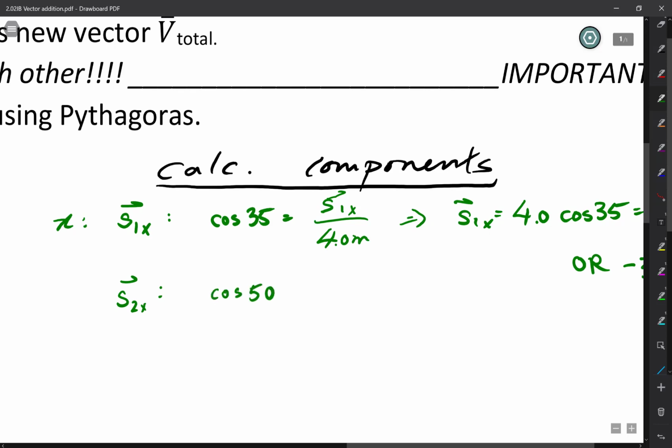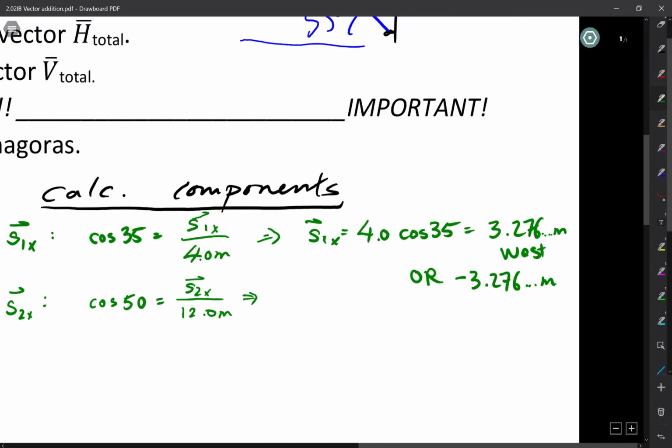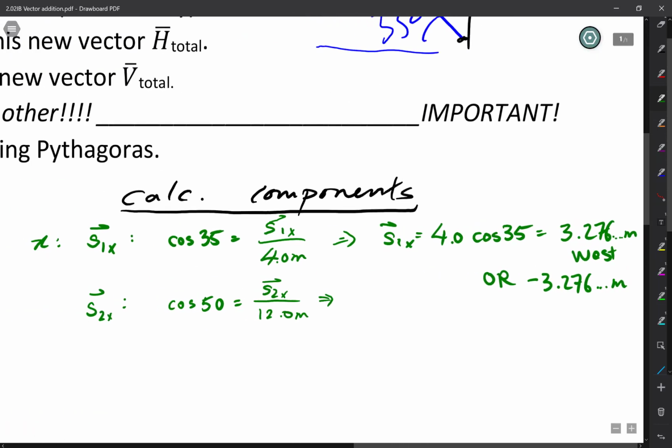Or it could, but be careful if it doesn't. So cosine 50 is my adjacent, S2X, over my hypotenuse, which is the 12 meters. Multiplying both sides by 12, S2X is equal to 12 meters times cosine of 50.